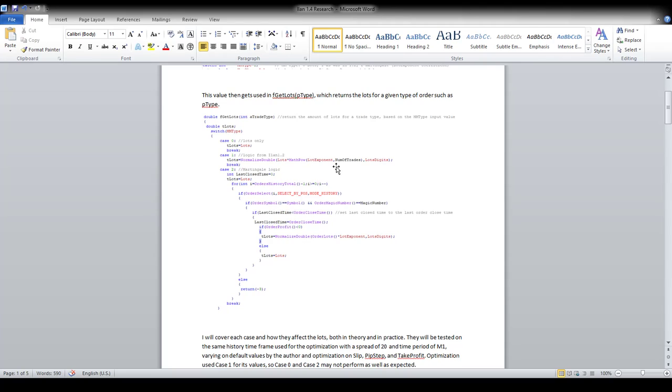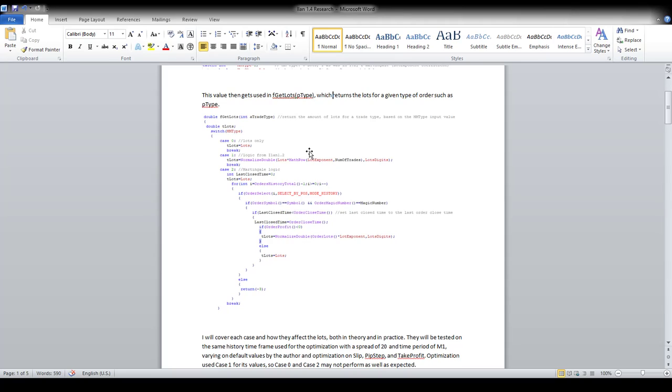In case 1, T lots is the normalized double of lots times lot exponent to the power of the number of trades up to lots digits, amount of digits. This is the logic it's using from Ilan1.2.